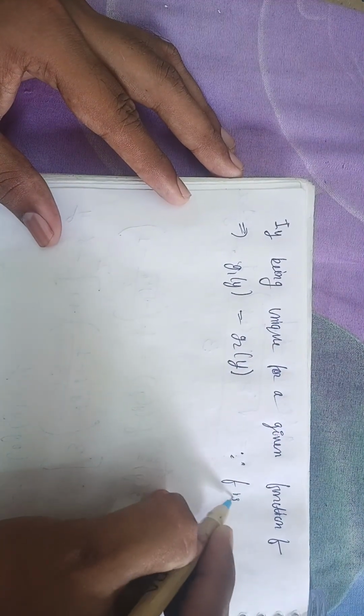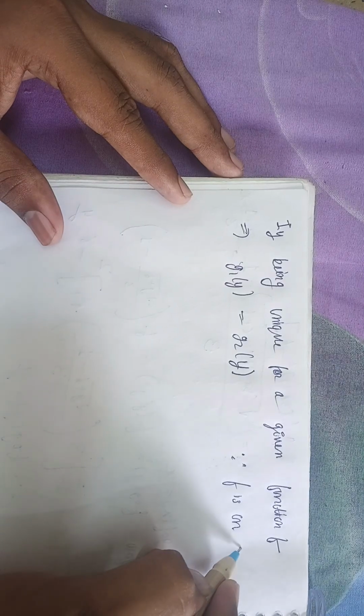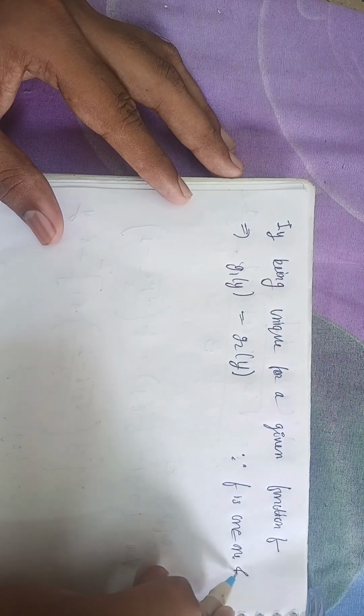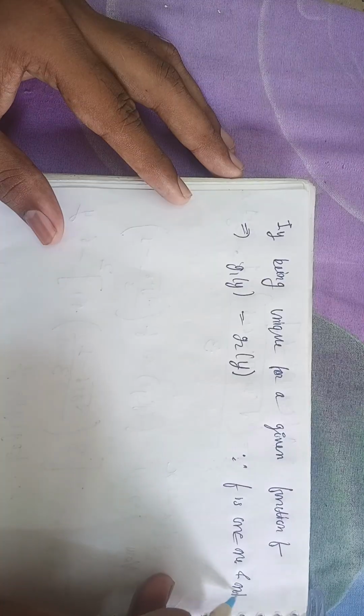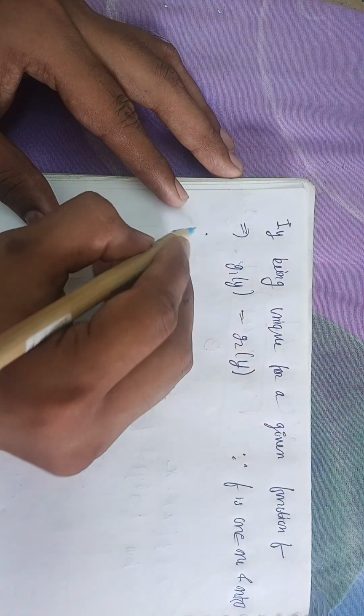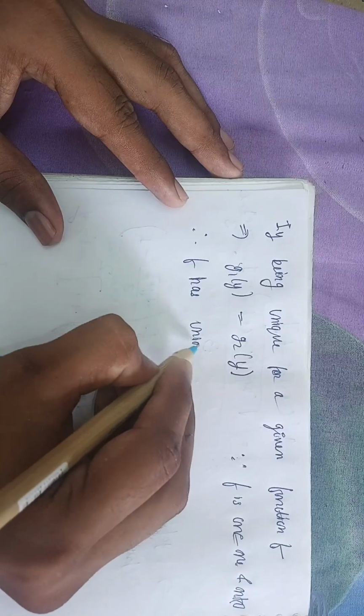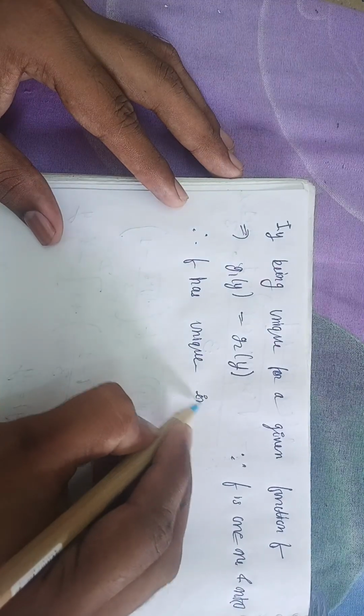Because f is 1-1 and onto, therefore f has a unique inverse.